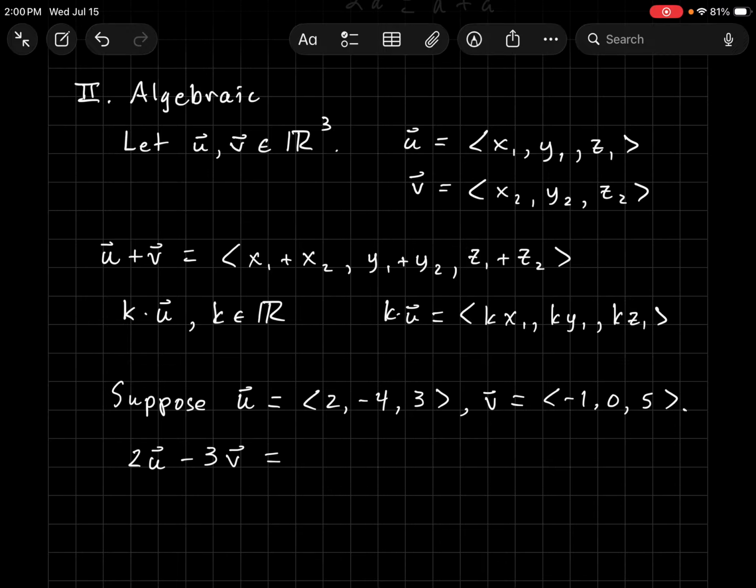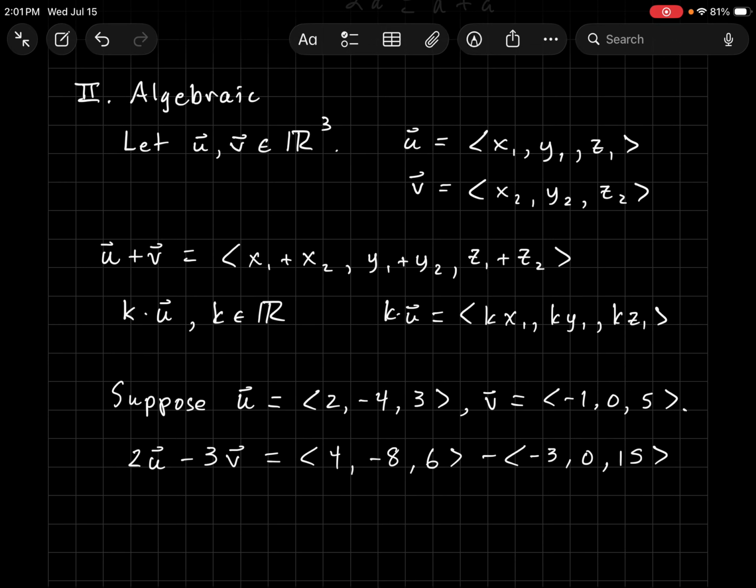Now we could probably do it all at once, but I'm going to do it in parts. I'm going to find 2u first. So 2u says take u and multiply each thing by 2, giving us <4, -8, 6>. And then 3v says take each component, multiply it by 3. So I have <-3, 0, 15>, like that.